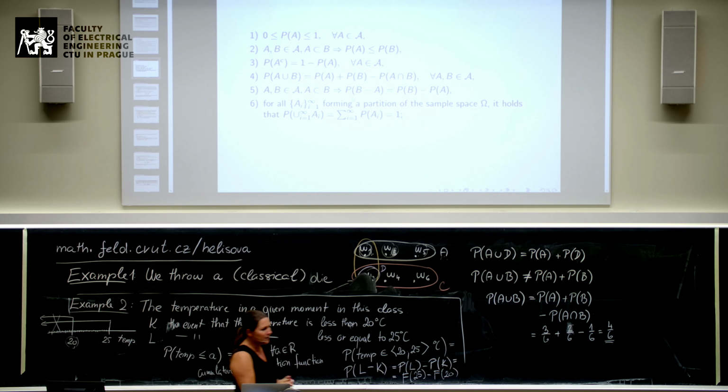And the last property says that when we have some disjoint events, a sequence or set of disjoint events. No, sorry. The number 6, it was in the definition. So here, the number 6 says that when we have the set of disjoint events whose union gives us the set omega, the set of all elementary events, then the probability of the union is in fact the probability of the set omega.